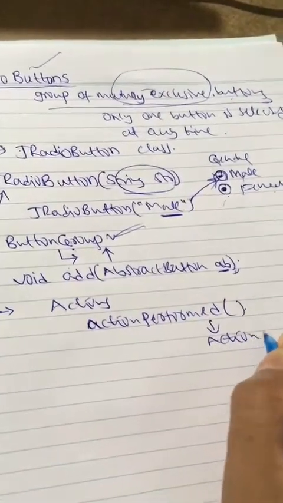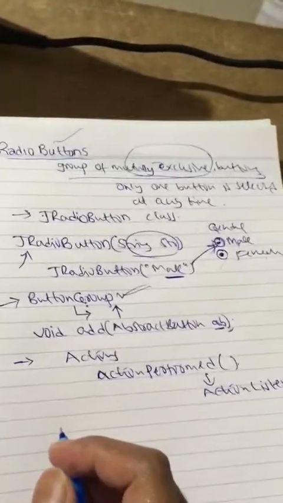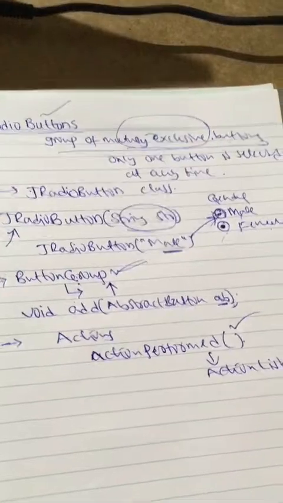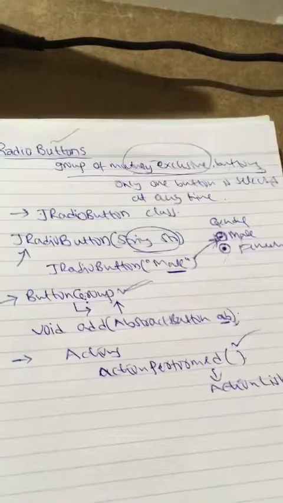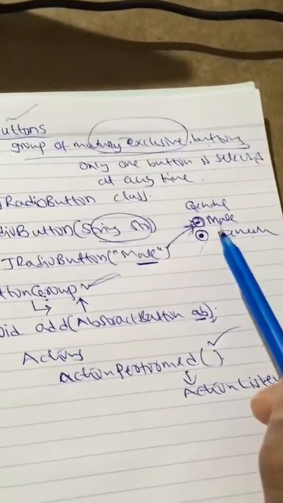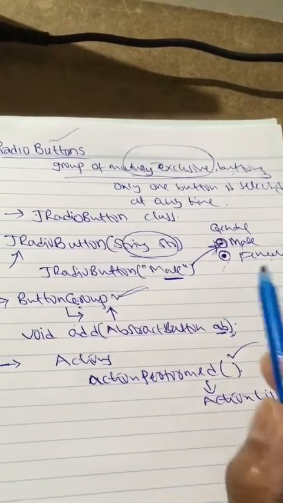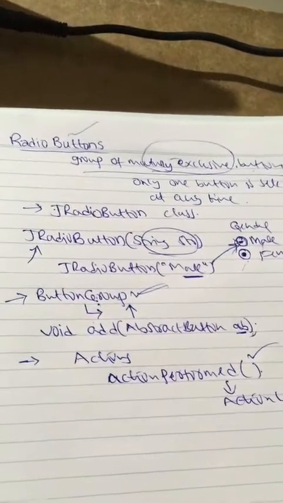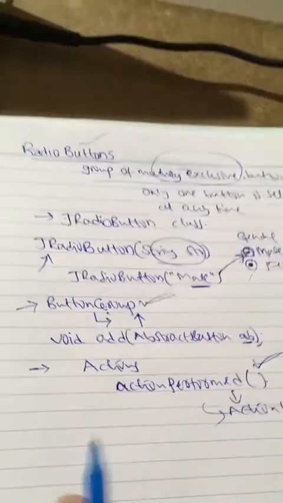We take an ActionEvent object within the actionPerformed method in order to handle the action event. Selecting a radio button is an action event, so an action event is generated at that time.